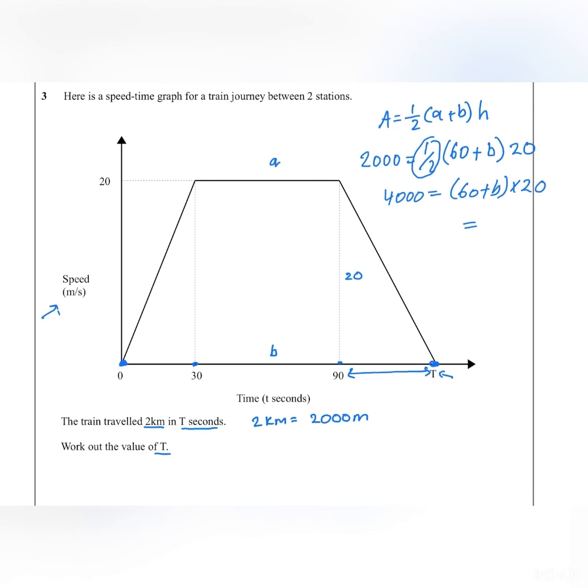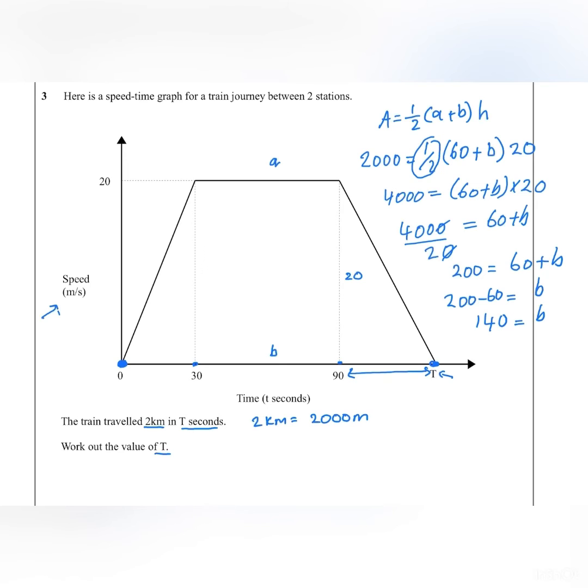And then 4,000 divided by 20 equals 60 plus B. So basically we're trying to find what B is by rearranging this formula. So 60 plus B equals 200, and B equals 200 take away 60, and B equals 140.